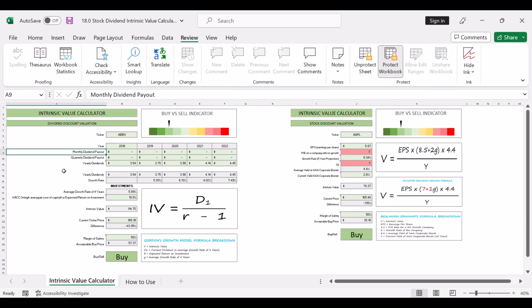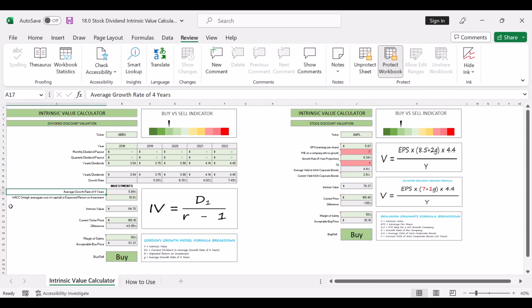So going back to the yearly dividend, as you can see here, I put in all the yearly dividends, and you can find this information on Yahoo Finance or any finance website. Once you put in that dividend, it will compute and generate the average.